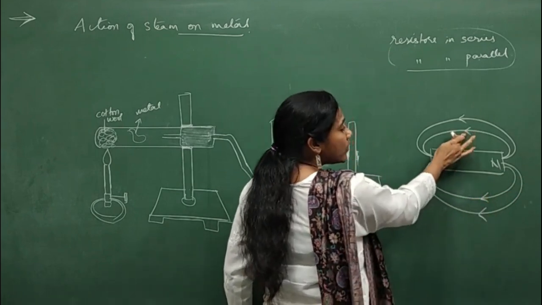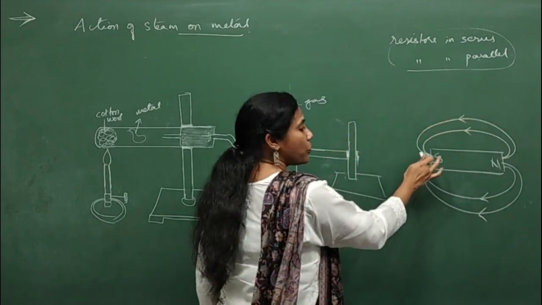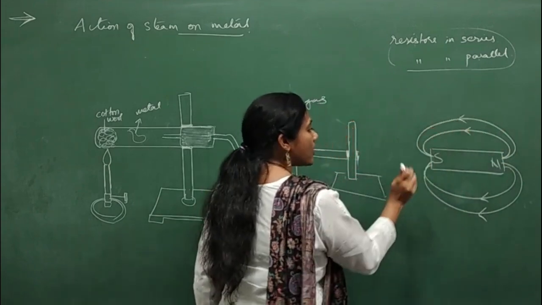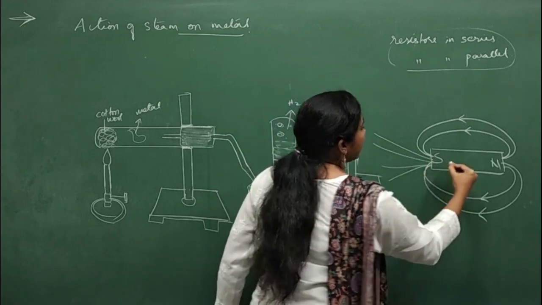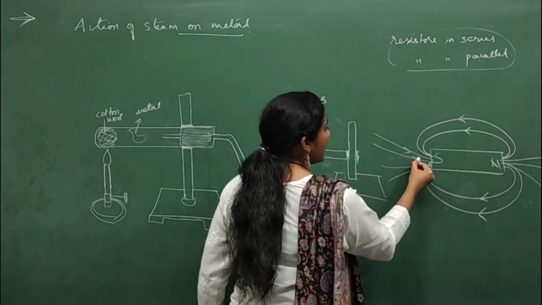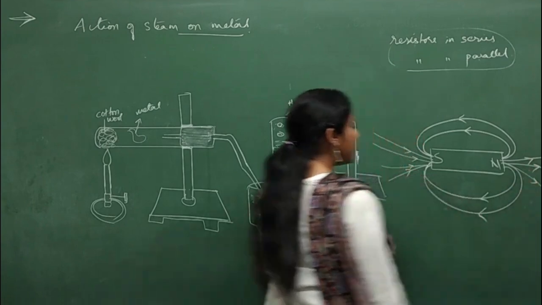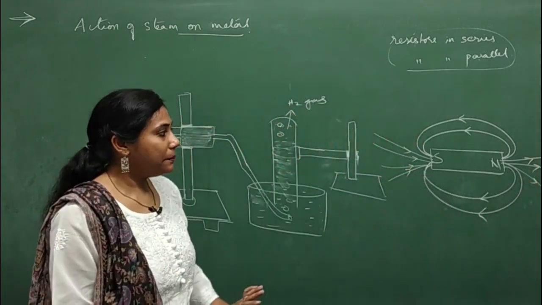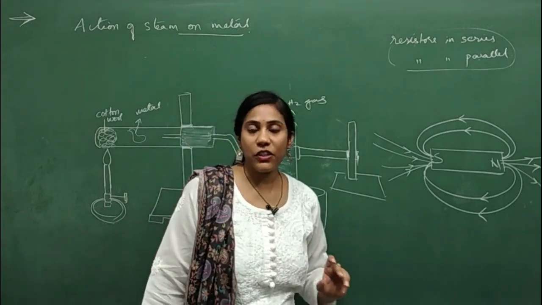Don't forget to show the arrow mark properly. The arrow mark should be shown from north pole to south pole outside, and inside the magnet they go from south to north, isn't it? Then the arrow mark has to be shown like this. So this is the magnetic field lines diagram. Okay, properties of magnetic field is a very important question.